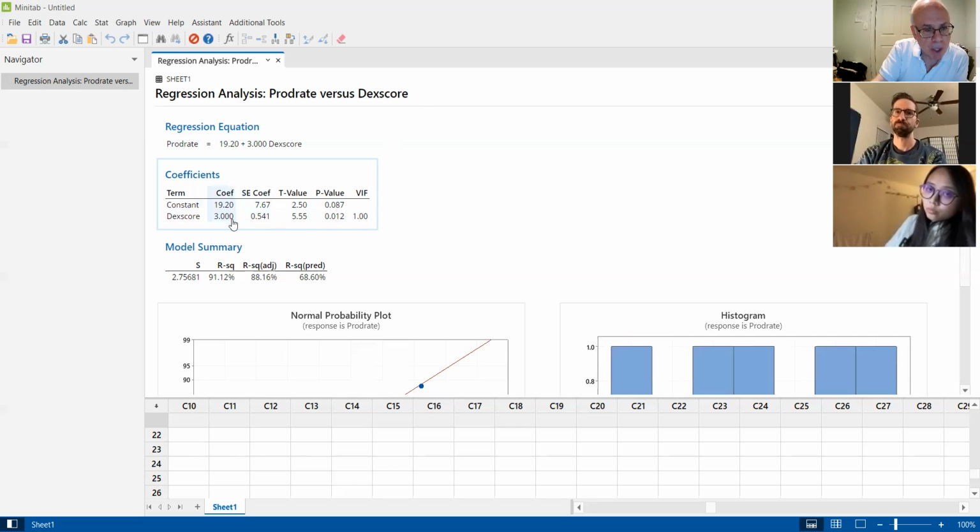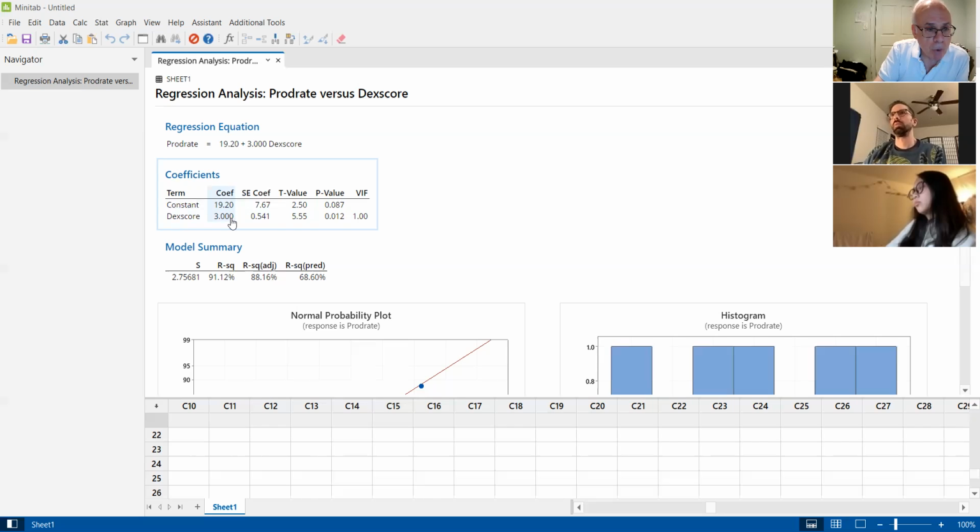So beta is 3. Here's the standard error for that beta, 0.541. The t here, how did they get this t? Well, the null hypothesis is that the beta is equal to what? 0. The alternative hypothesis is different than 0.